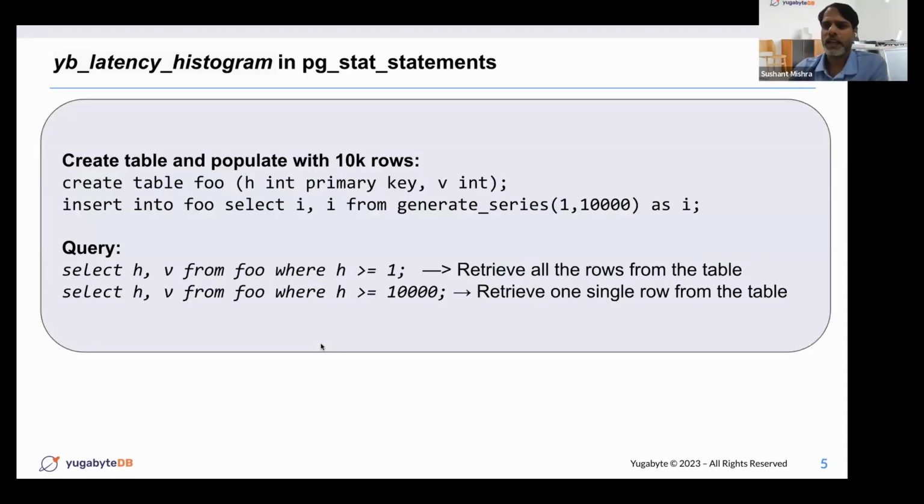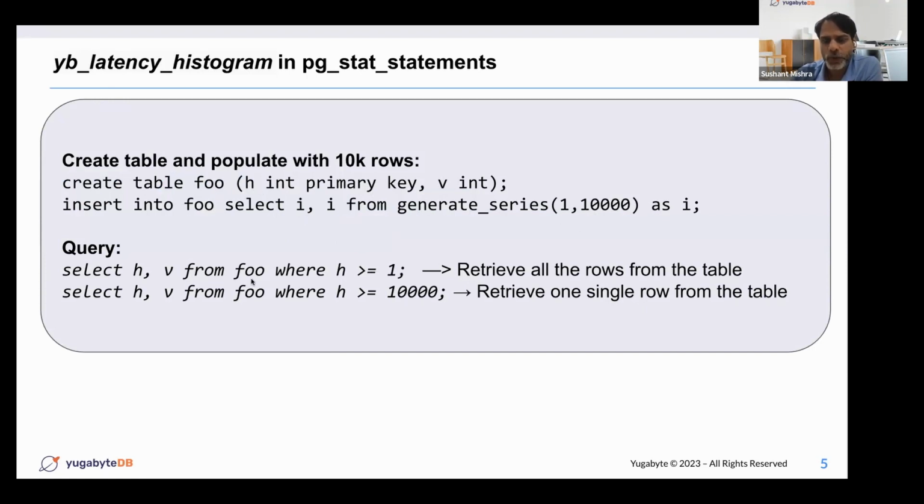So let's take a look at this with a little bit more detailed example. I created an example table foo, which has H as a primary key and another column V. And we insert some random 10,000 rows into this particular table, where the value of H goes from 1 to 10,000.